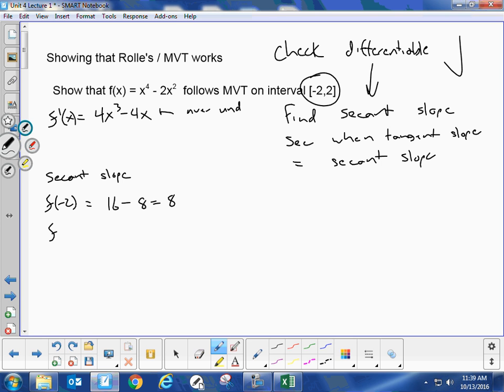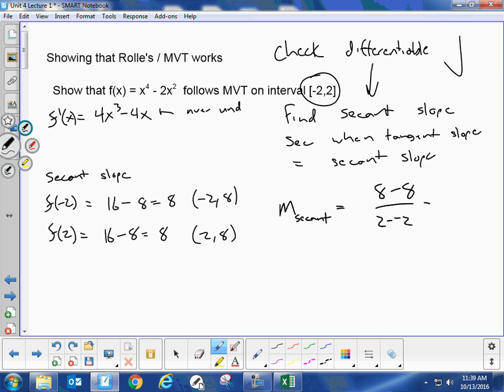I plug in 2. I get the same thing. So I have the points (-2, 8) and (2, 8). And that will give me a secant slope. Ends up giving me 0.